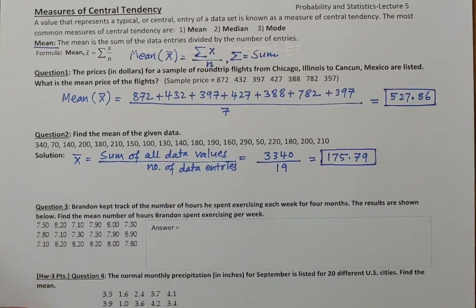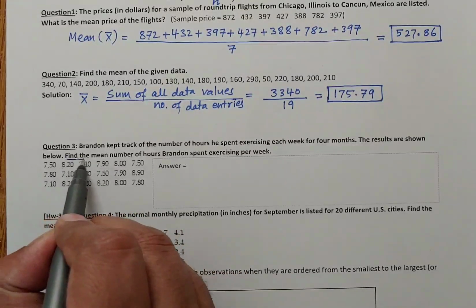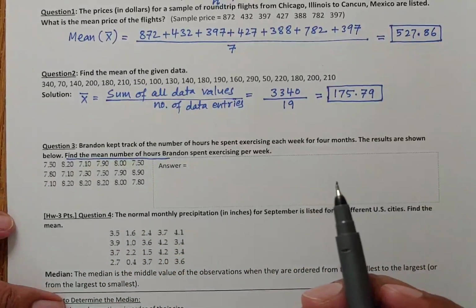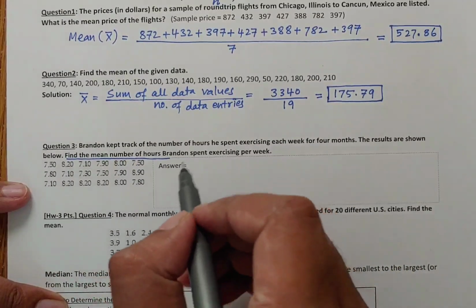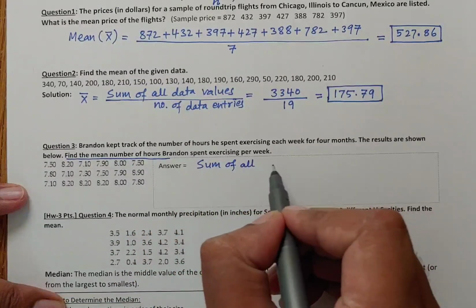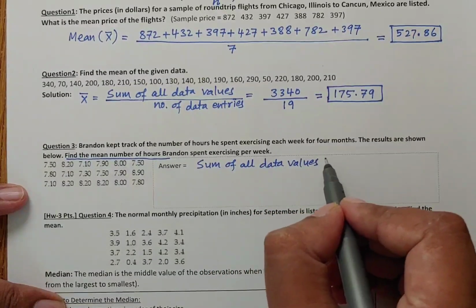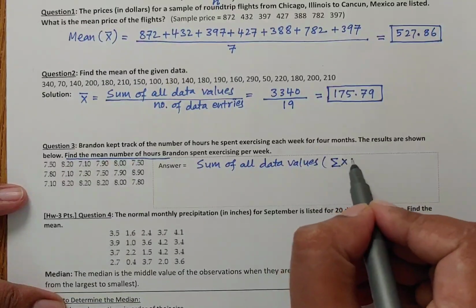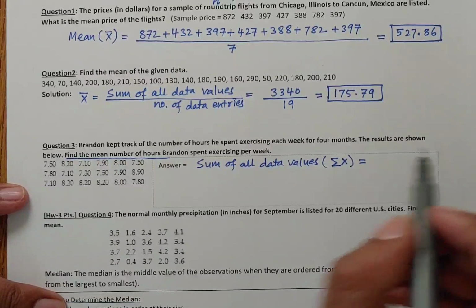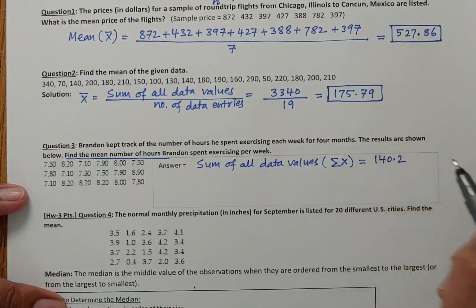Now question 3 is again find the mean. Find the mean number of hours Brandon is paid exercising per week. So we add these numbers. The sum of all data values, denoted by the sum of all x, you add all these numbers and you get 140.2.